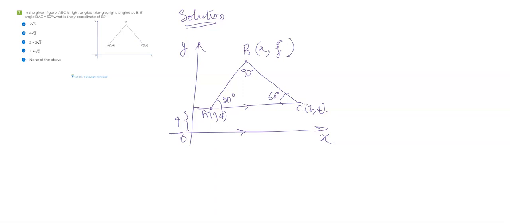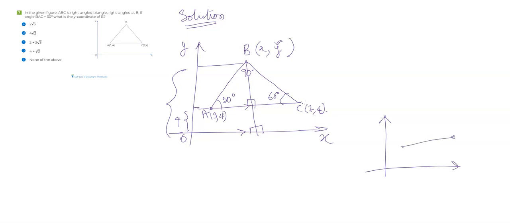So if I drop a perpendicular to find the perpendicular height, I'm looking at this whole height here. If I'm dropping a perpendicular, even this will be perpendicular, and that is the reason I'm telling you that these are parallel, because AC is in a straight line. Please understand what I mean by straight line.